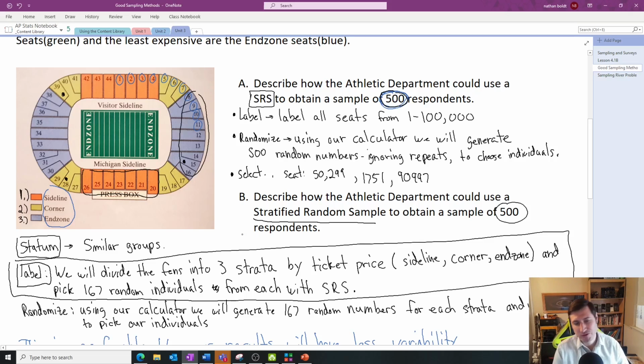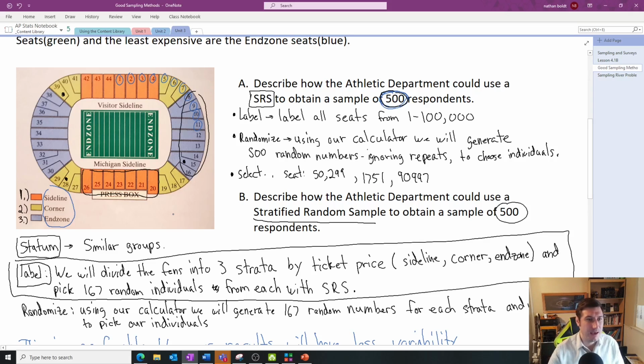Some of the clusters are similar, some of them are different. So what I could do is randomly pick a couple of clusters, and then survey the entire cluster. I'm going to randomly pick the groups and then survey the entire groups. That means I don't have to move as much.